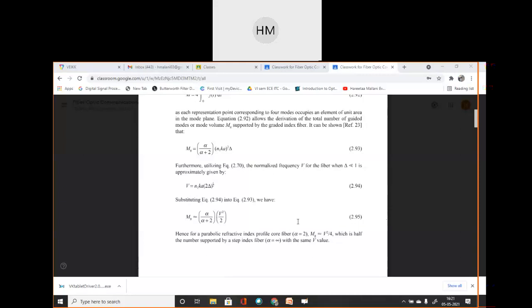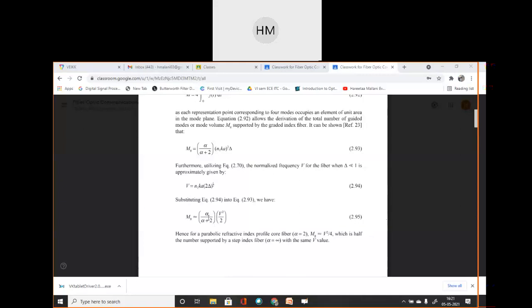And what are the number of modes supported by step index fiber when alpha equals infinity? What will the value be with the same V value? When alpha tends to infinity, your graded index fiber converts into step index fiber.